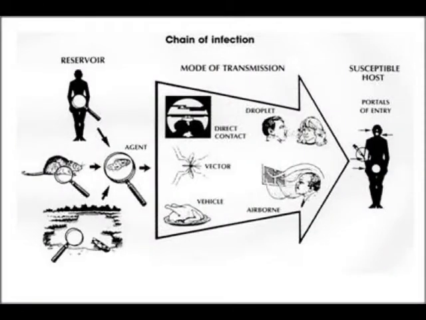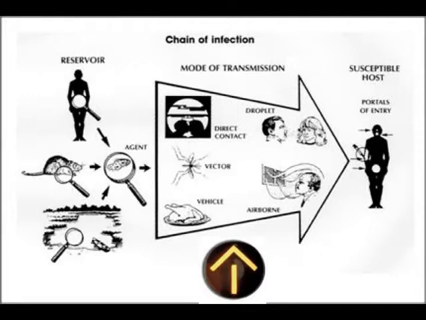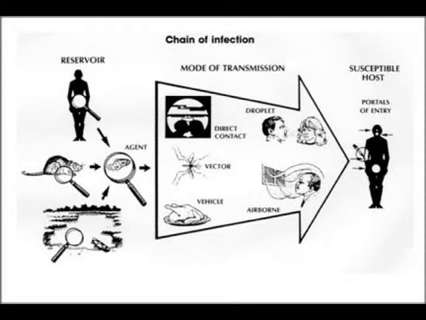But what remains in between, as you can see from the figure, is the mode of transmission. Mode of transmission is nothing but the mechanism by which the infectious agent can spread from the source or reservoir to the susceptible host, or the infection can spread from the susceptible host to other susceptible hosts. So this is what is mode of transmission.